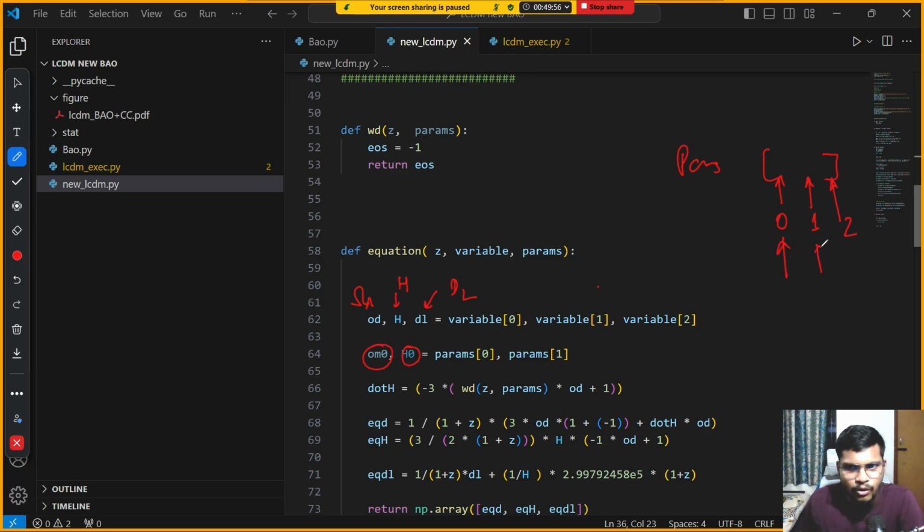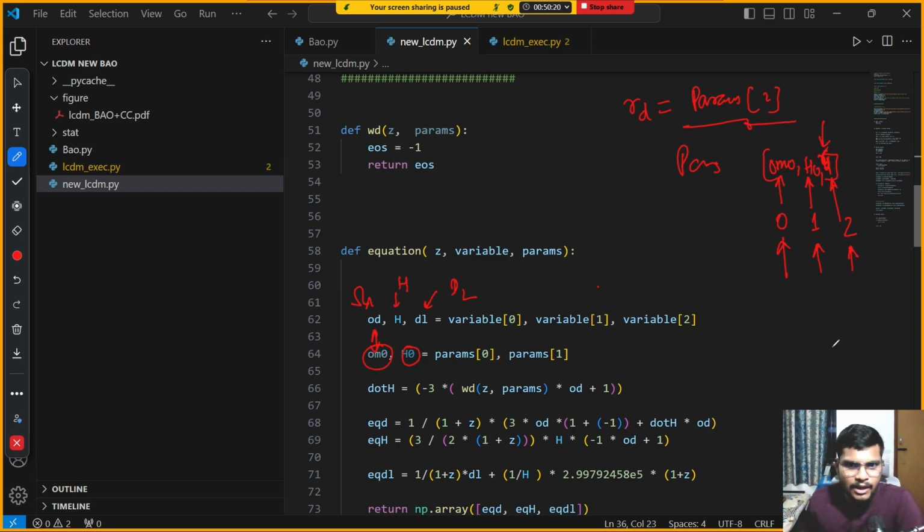So the numbering will go from here to here. So my initial condition corresponds to OD0. I told you that I will vary OM0, so this has to be OM0 over here. There is an H0 over here, and RD, because I'm making it a free parameter, so RD has to be written here also. So whenever I call RD, I will write params of 2, right?